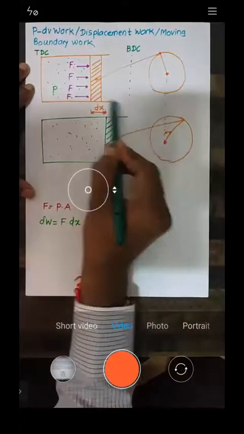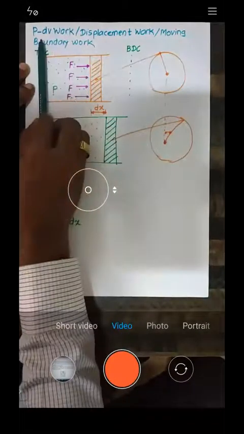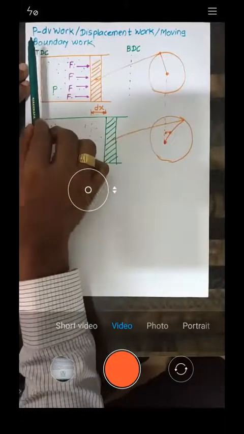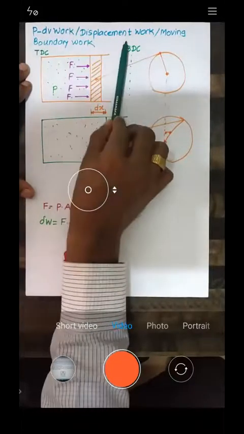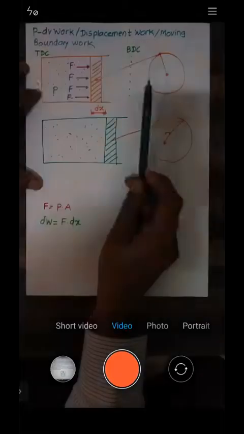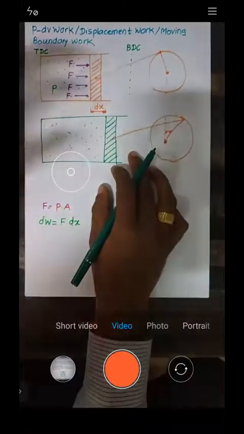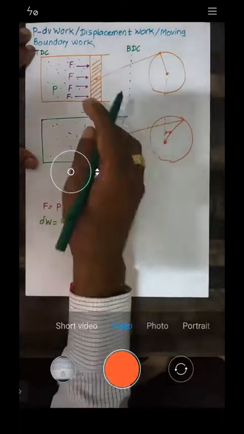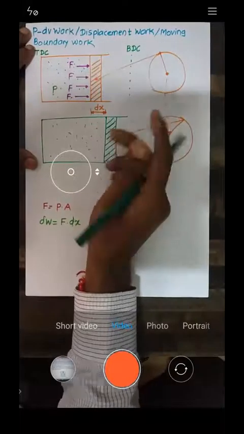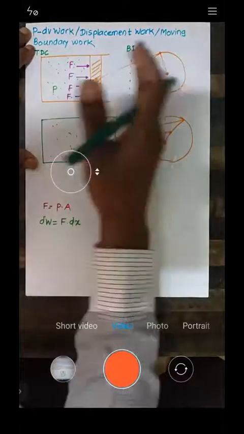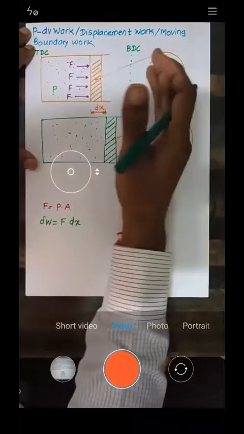The piston will start moving from this point, and it will finally reach this point. So you have the movement of the piston from top dead to bottom dead. Now, just for understanding, we have considered a small displacement of the piston, that is dx. But the piston is going to get displaced throughout the length of the cylinder. So the piston will move like this, right?